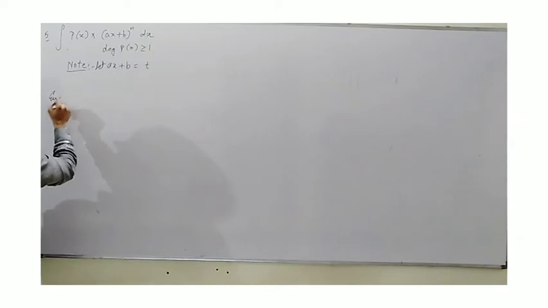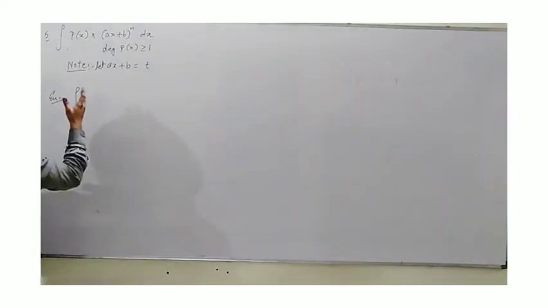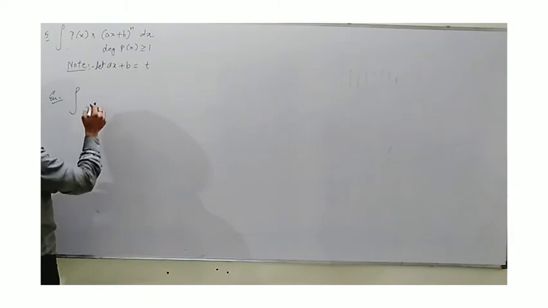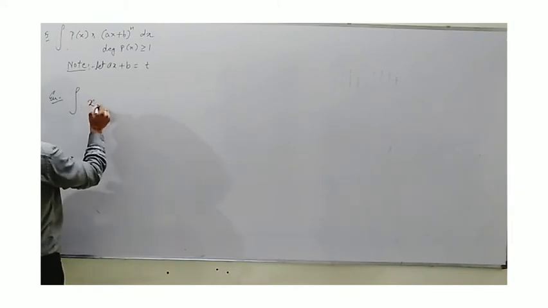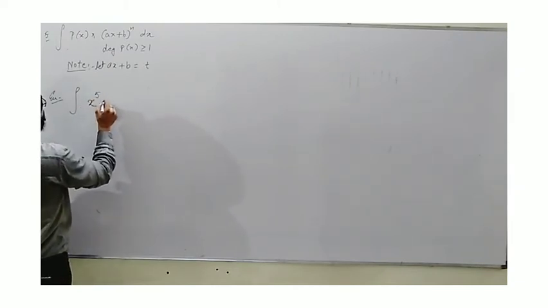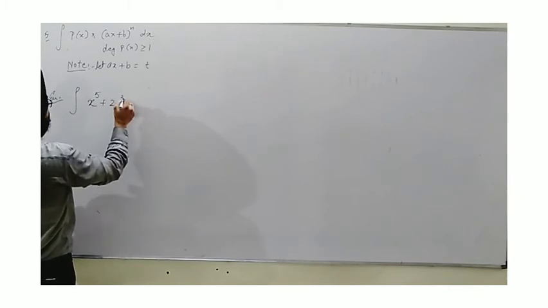Now if I take an example, as I have said, the degree of p(x) should be greater than or equal to 1. So let's check this. Suppose I take x to the power 5 plus 2x cube plus 1.